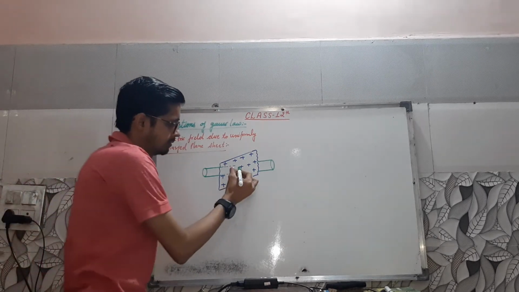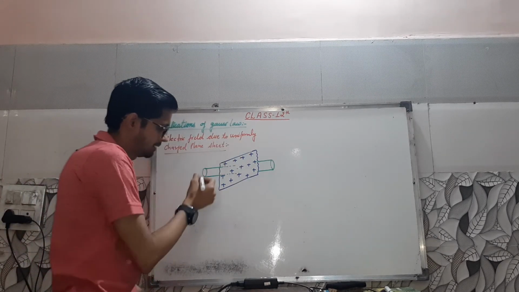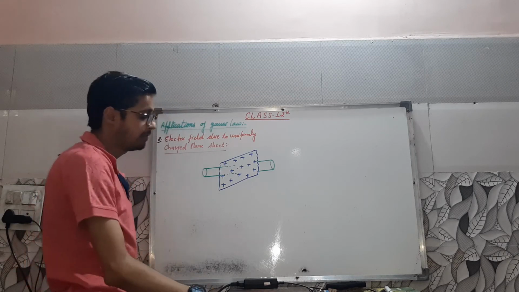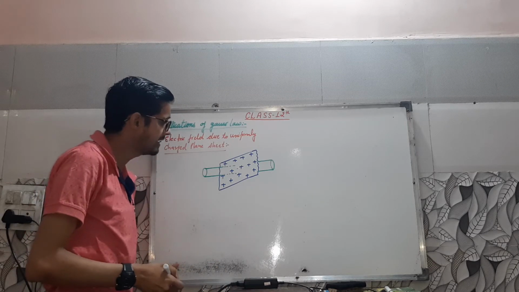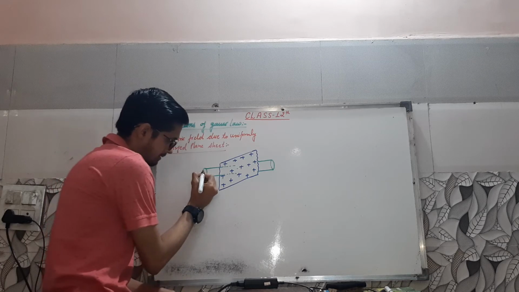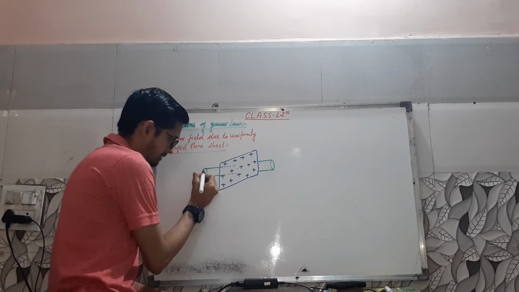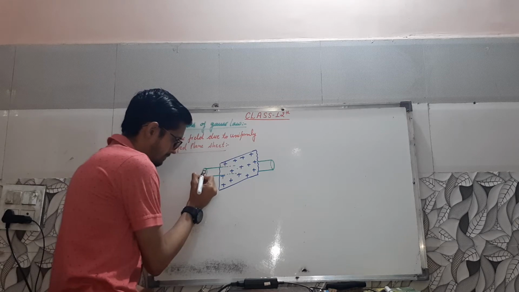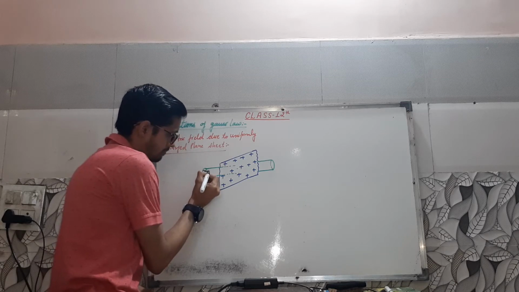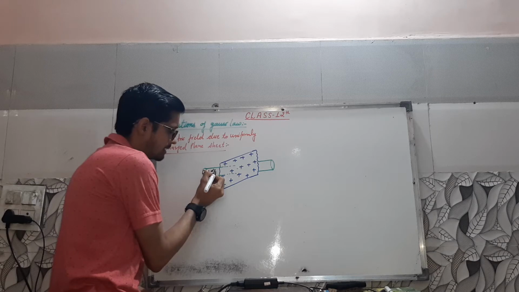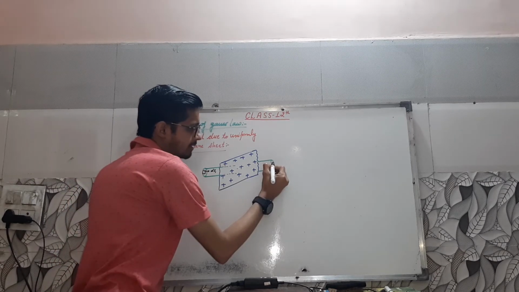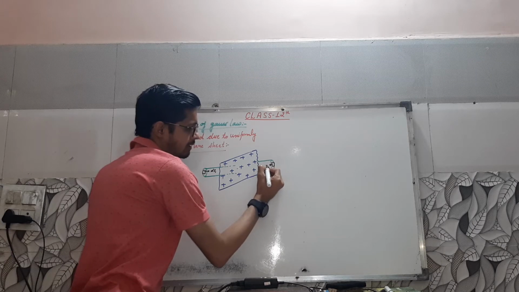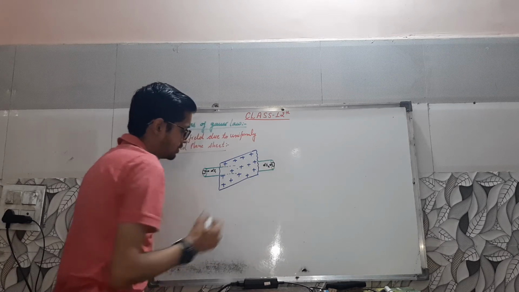So we make again area elements here, this one, ds1 here, like this, ds2.